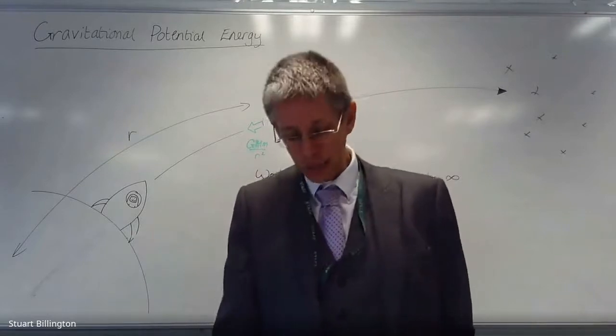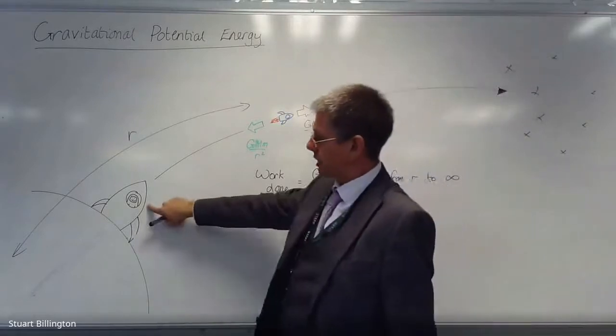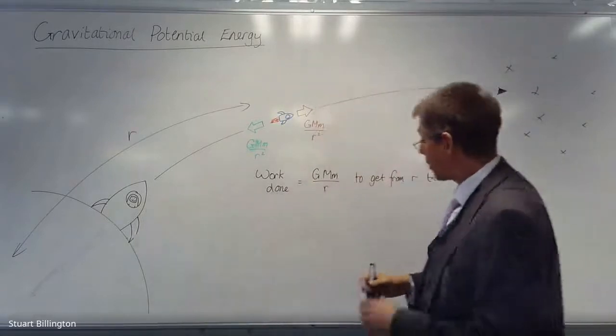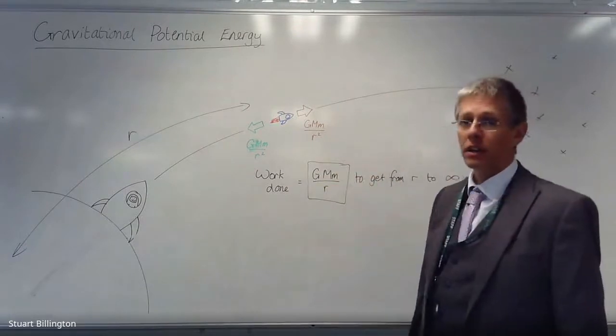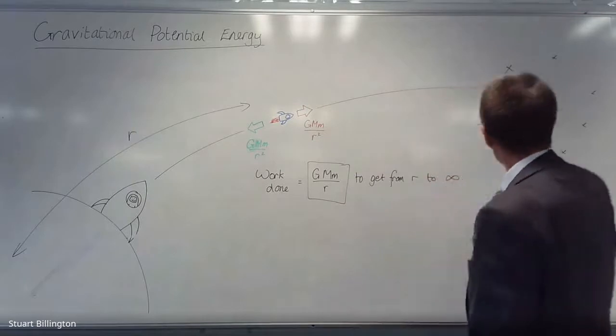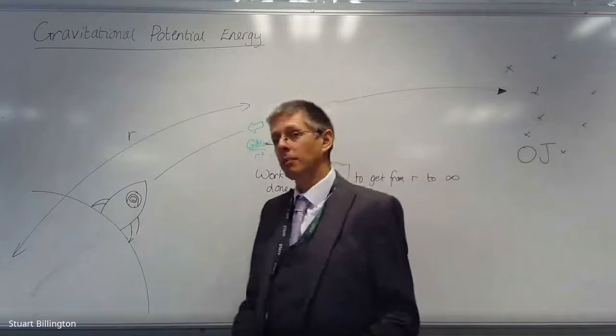So the only sensible approach to take is to say that by the end of our journey, when we have received this amount of energy, we are left with 0 joules. That is the only sensible approach to take.